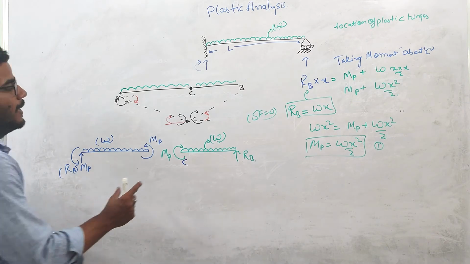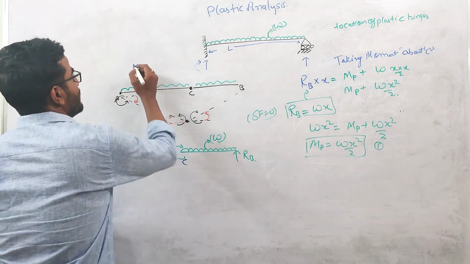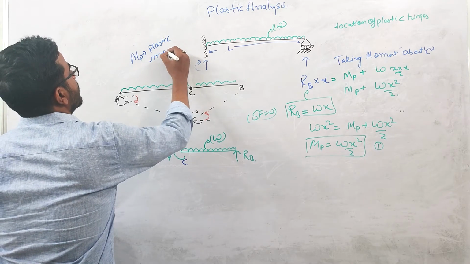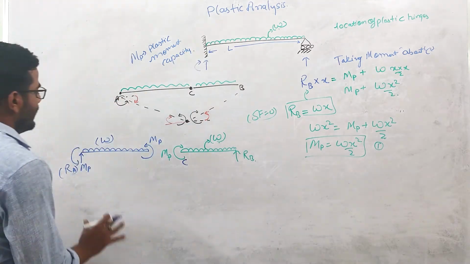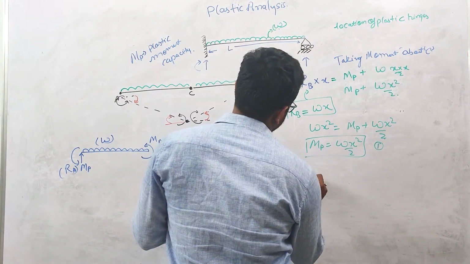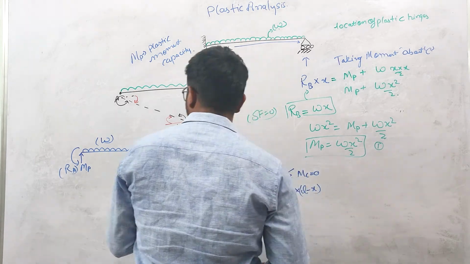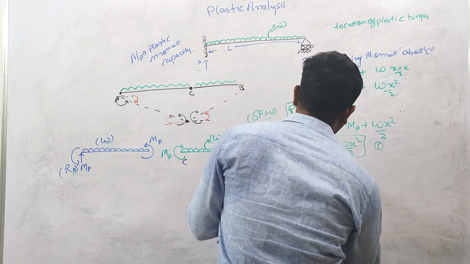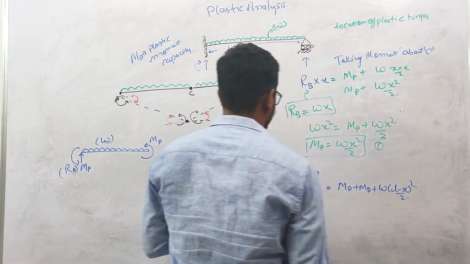From this part we derive the value of MP. MP is nothing but the plastic moment capacity, right? So now let us come to this part. I can write summation MC equals 0. For summation MC equal to 0, RA into (L minus X) equals MP plus W into (L minus X) whole square over 2.